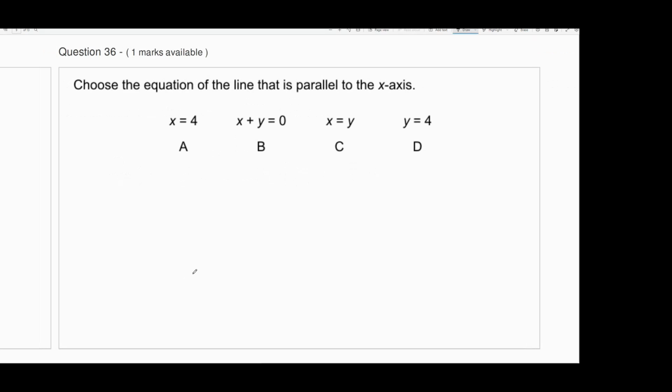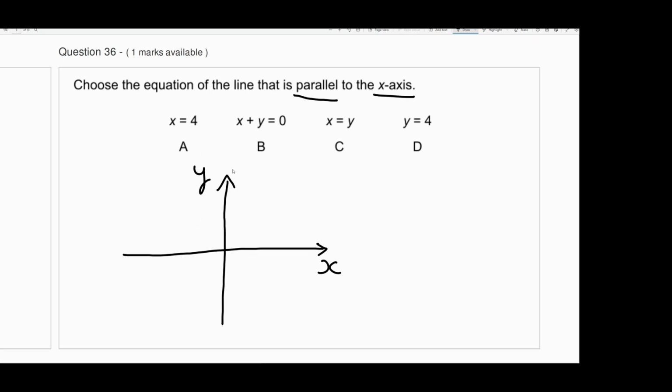So number 36 is a bit interesting because it looks quite abstract, but actually not too bad if you think about the graph. So it's saying to choose the equation of the line that is parallel to the x-axis. So what I would do here is draw some axes for myself, remembering that the x-axis always goes along the corridor and the y-axis always goes up the stairs.